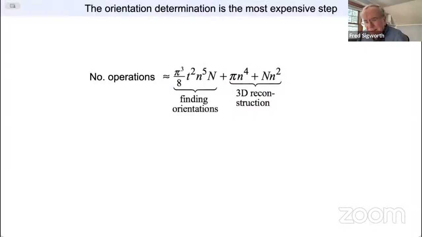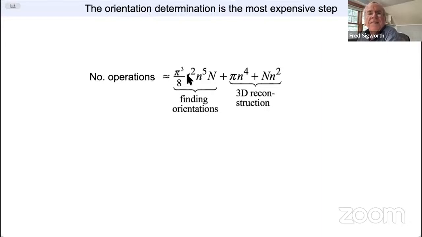Now, this evaluation of the gamma function is ridiculously expensive. So this is the orientation determination. This is the 3D reconstruction. Little n is the number of pixels on a side of each image, and big N is the number of images. And you can see that the really awful part is that finding the orientations goes as the 5th power of the number of pixels on a side of an image.